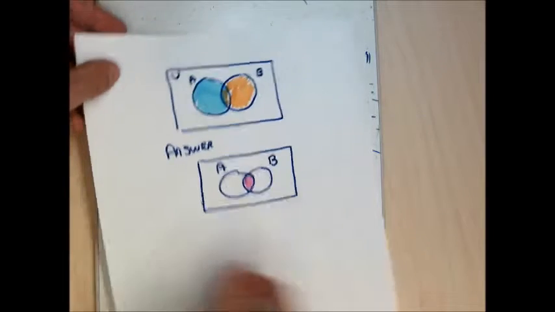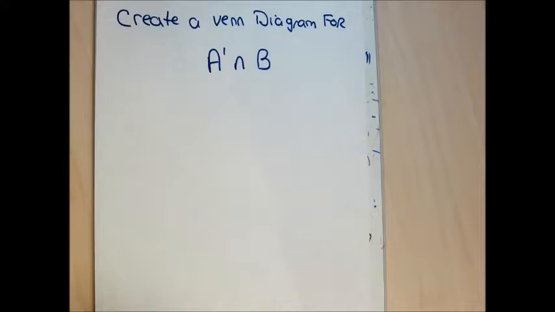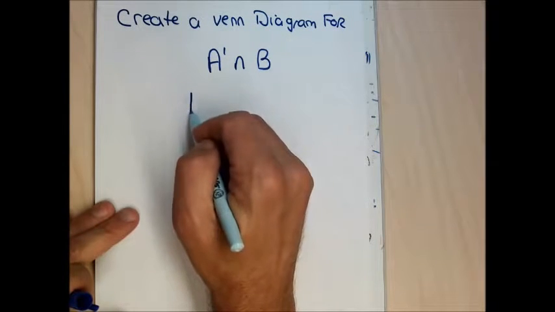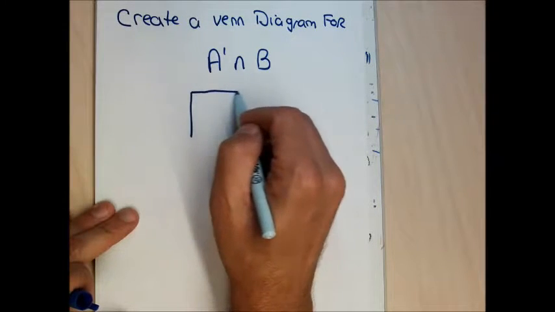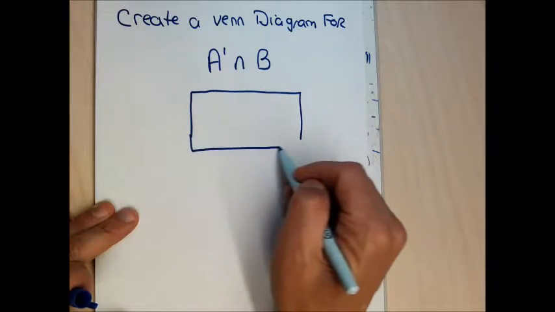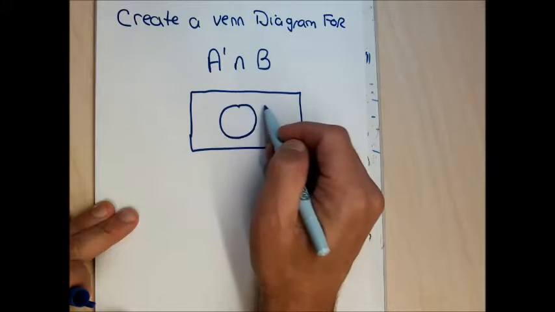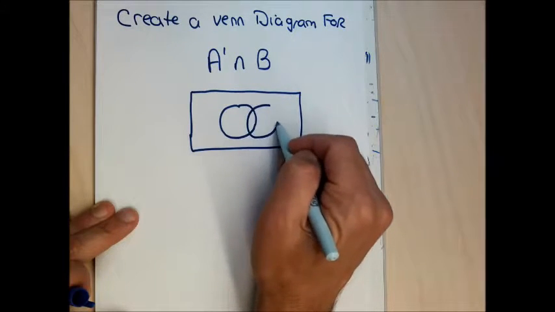And then of course, we're going to have to be able to do some of those shadings in more complicated problems. So let me try to show this picture, which is A complement intersection B. Because it's an intersection, I'm probably going to have to draw multiple Venn diagrams to get my answer. And I'm going to draw those Venn diagrams using different colors because of the intersection.